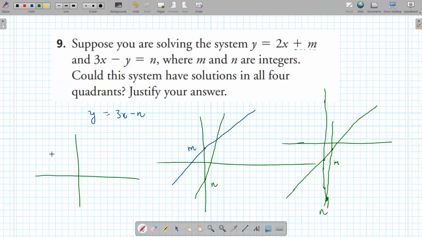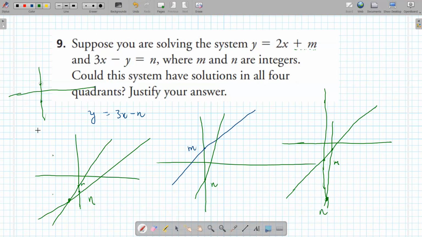So we want 2 lines to meet here and here, second and third quadrant. But our slopes are positive, right? So let's say this is n, and maybe this is m. It looks like it can have a solution in the third quadrant as well, which probably means there is a way you can kind of shoehorn it into the second quadrant.